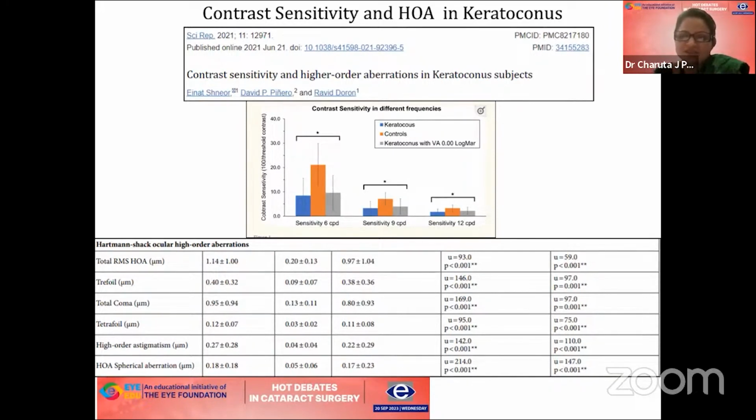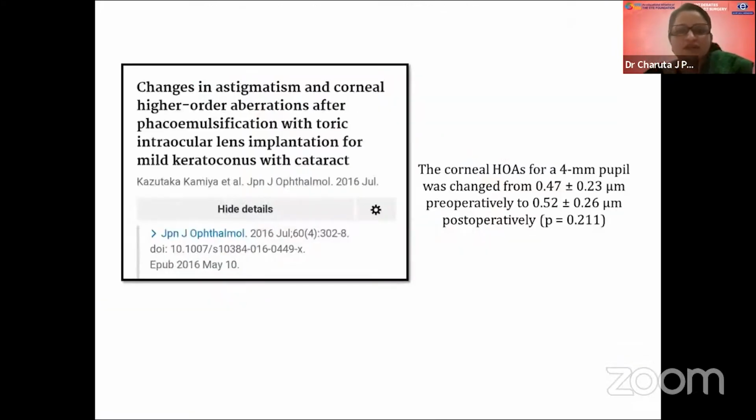The contrast sensitivity is again significantly lower in keratoconus compared to control groups, and significantly lower in keratoconus with a visual acuity of 0 compared to the control groups, which means that even if you have a 6/6 visual acuity, your contrast is going to be lower than somebody with a normal eye, and your higher order aberrations are probably going to be higher.